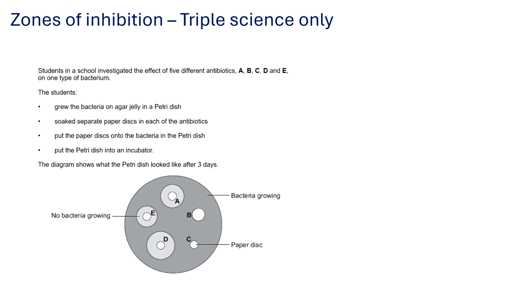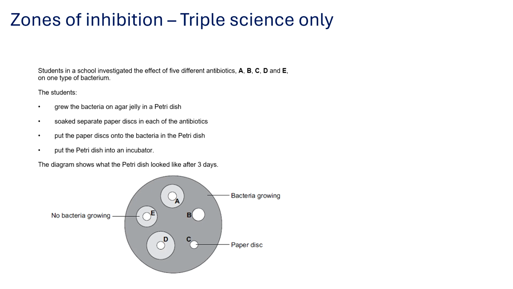Lastly, I've included a question that crops up quite regularly concerning the practical in B3 communicable disease. This was where students set up an agar plate that was infected with a bacteria, and different antibiotics were placed on the agar plate.